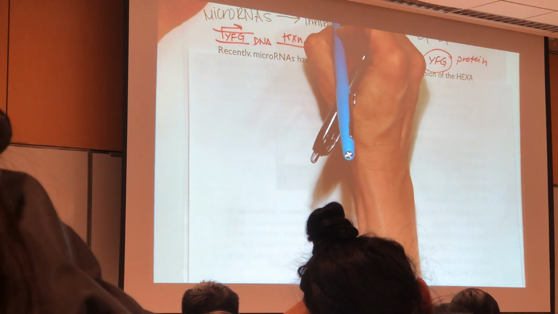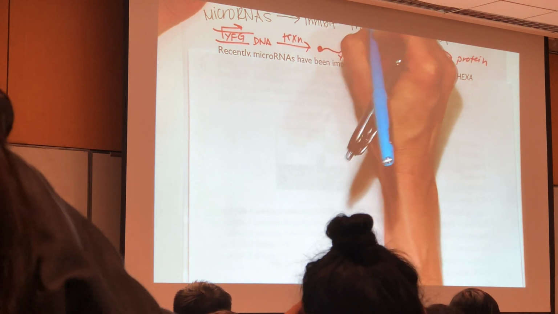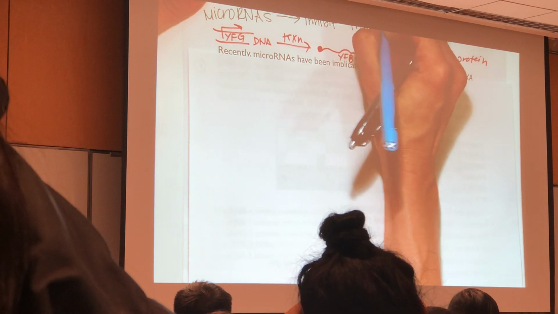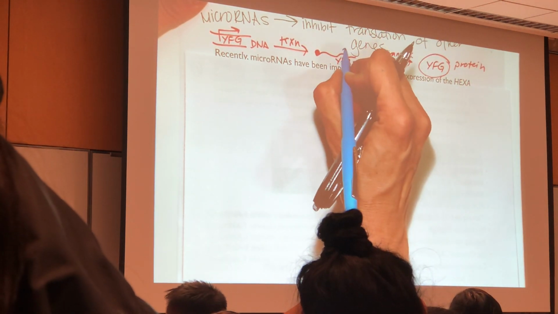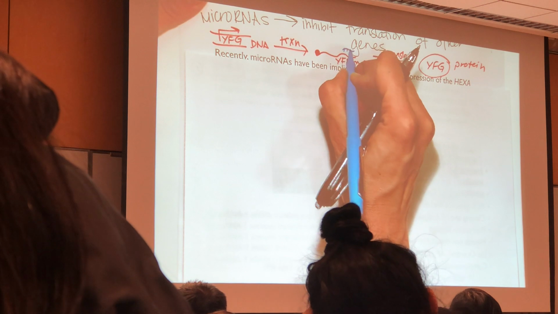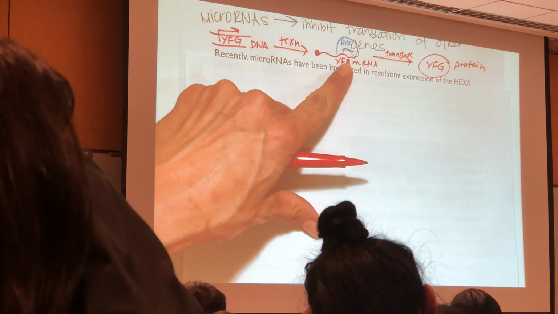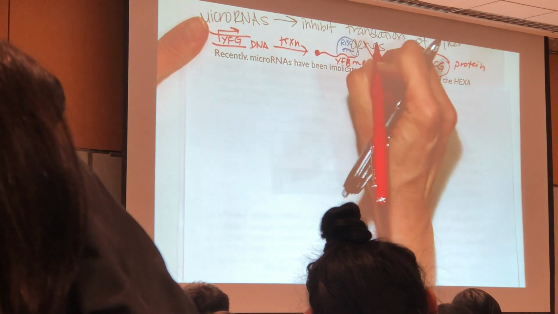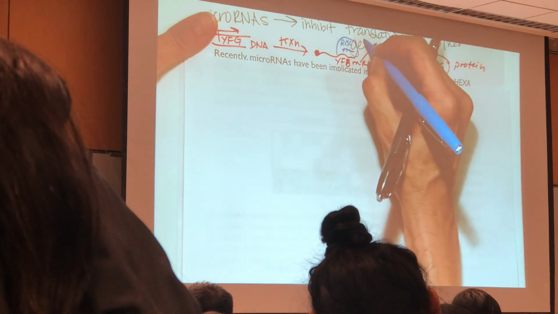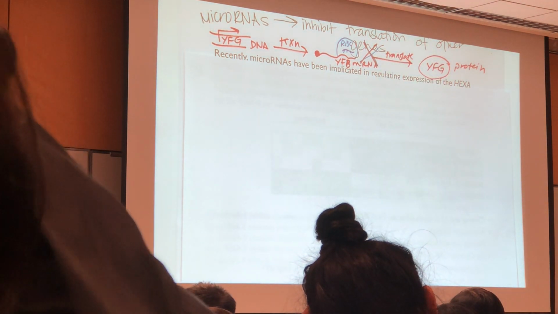But if there's a microRNA that regulates YFG, it regulates it here by having sequence complementarity to the mRNA and blocks translation of that mRNA. So just a brief summary.